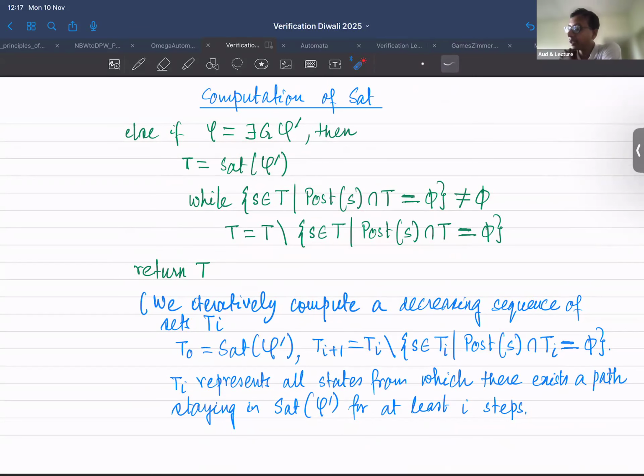We compute a decreasing sequence. So T_i here represents all states from which there exists a path staying in Sat(phi prime) for at least i steps. Okay, so this is what T_i corresponds to.